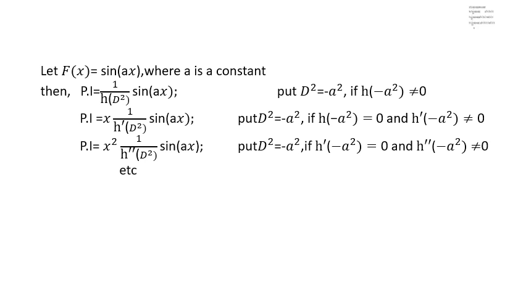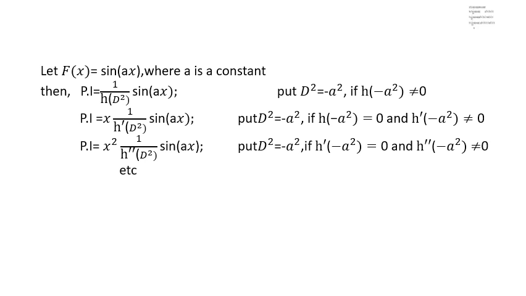Substitute D² equal to minus a², with the condition that h(−a²) is not equal to 0. h(−a²) not equal to 0 means that the denominator is not equal to 0 when putting D² equal to minus a². Suppose the denominator is 0 when D² is equal to minus a².